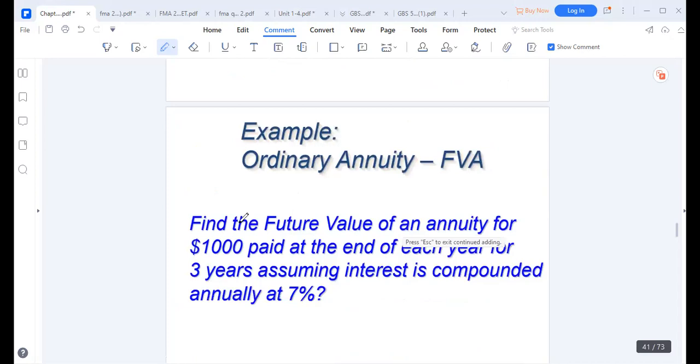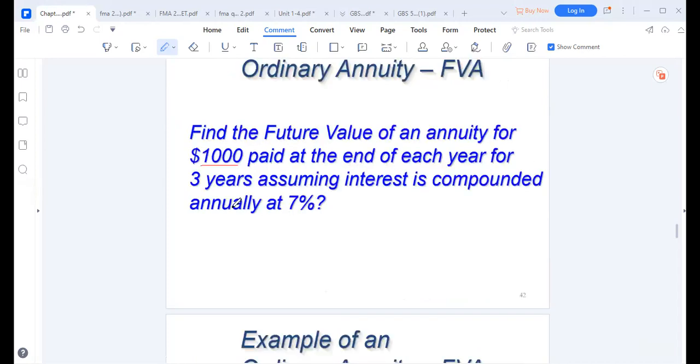So, find the future value of an annuity of 1,000 paid at the end of each year for 3 years at an interest rate of 7%. For as long as they're saying at the end of each period, it's ordinary. So we need to find the amount, the number of years, 3, and the percentage, 7.